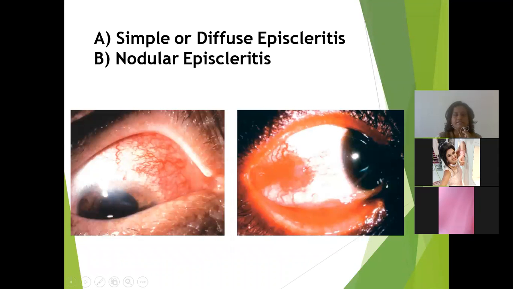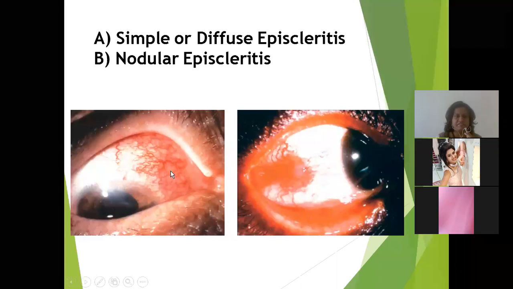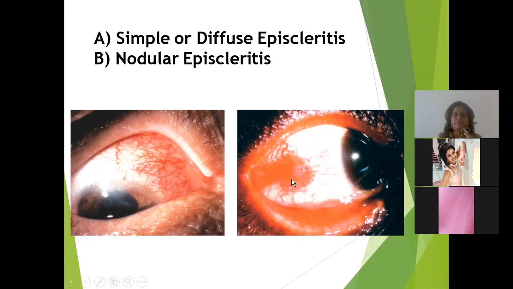So, this is a diagram of simple or diffuse episcleritis. This is diagram A, simple or diffuse episcleritis, and this is diagram B, that is nodular episcleritis.